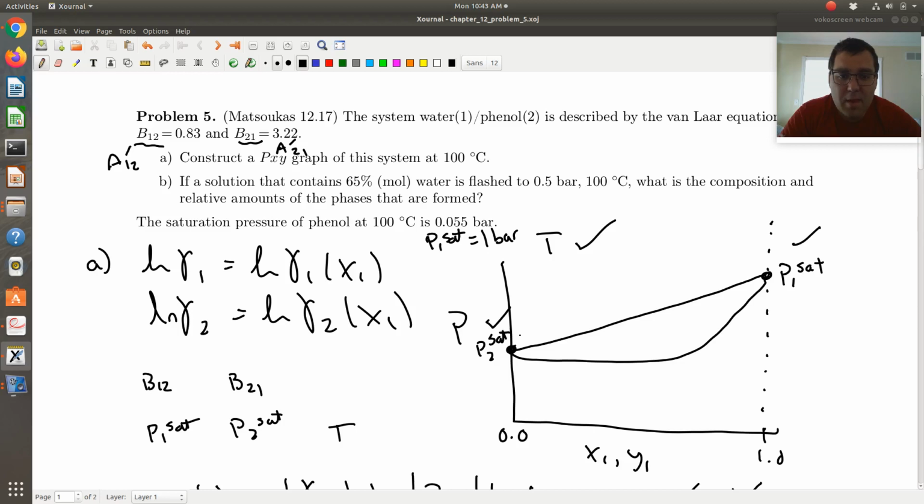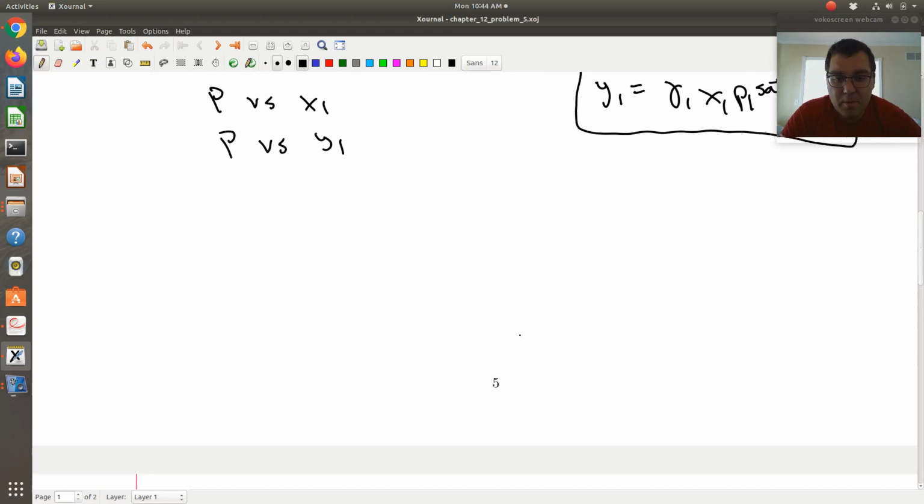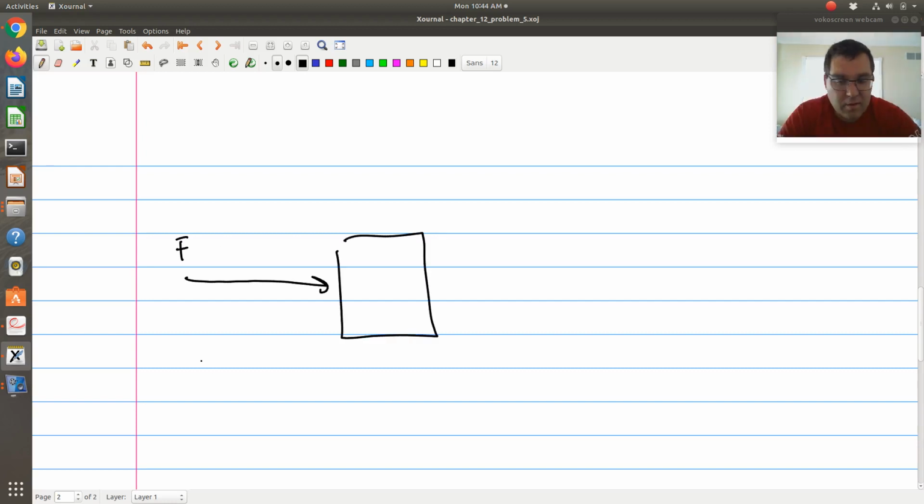Then in B, knowing this Pxy, we're going to solve a flash problem. So I'm going to draw my picture so we can make sense of what we have first. I'll have some inlet stream of flow rate or amount F, with inlet composition Z1.